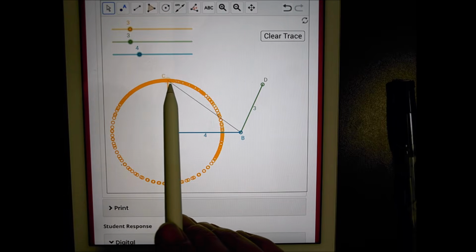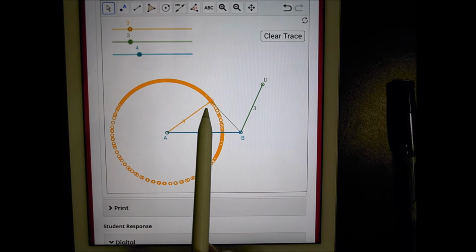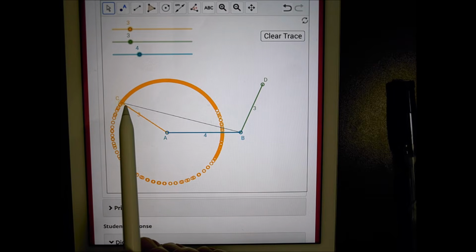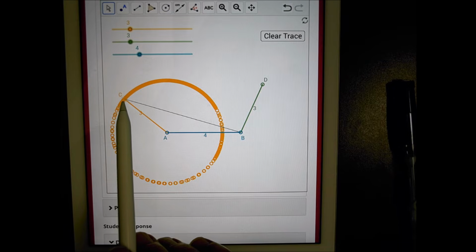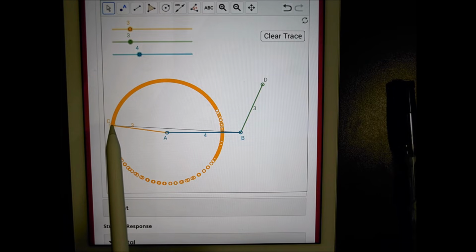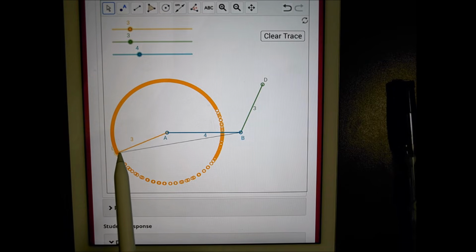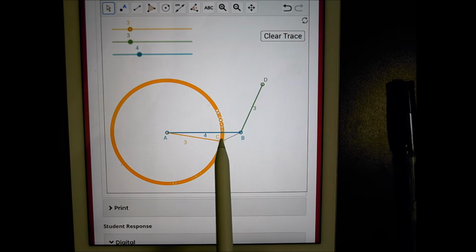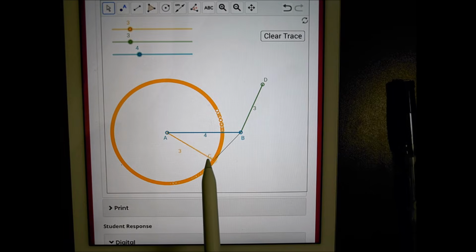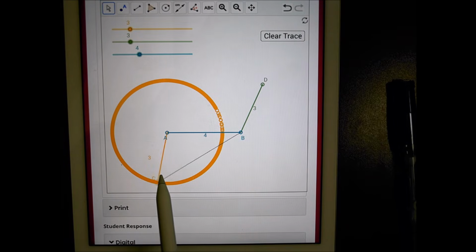I could also, by moving this, you can see that there are several different triangles I could make with the same 3 inches here and 4 there. I can make that longer and wider to the point where it goes away and comes back this side, and these are also all acceptable triangles that I can make with the tool. So there's a large variety of triangles I can make with side lengths of 3 and 4, aren't there?